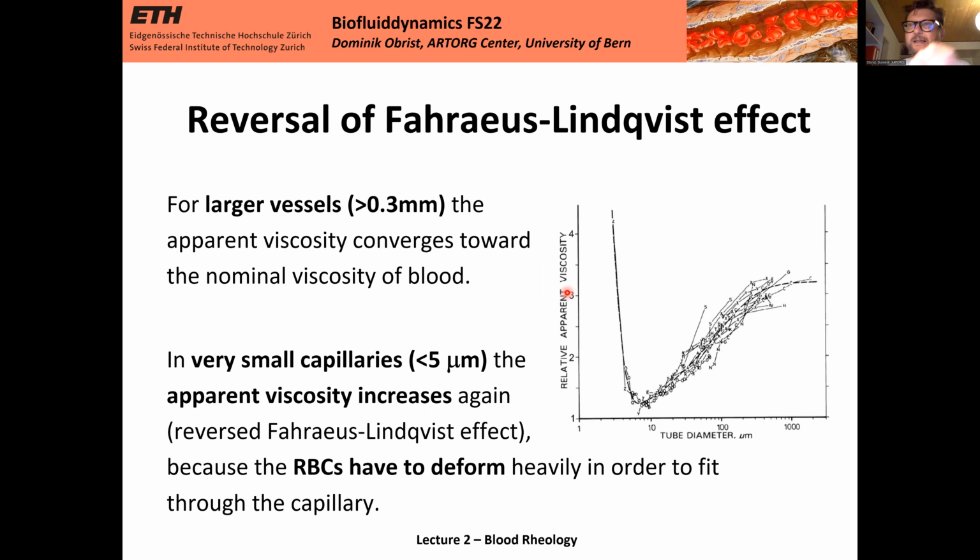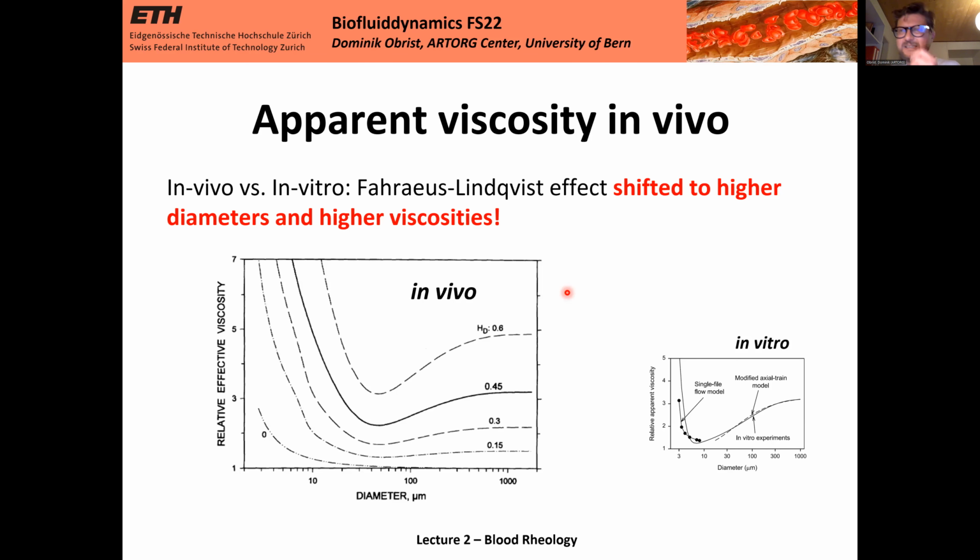This was well understood, well accepted, experimentally demonstrated up until I think some 80s or 90s. And then people sort of realized, well, it's not the whole story. As long as you did these experiments in glass tubes, that's how the curves came out. We had a minimum in these curves of around 8 microns.